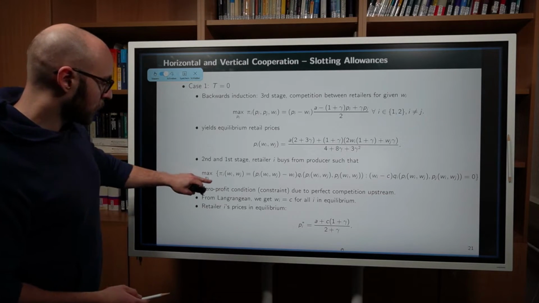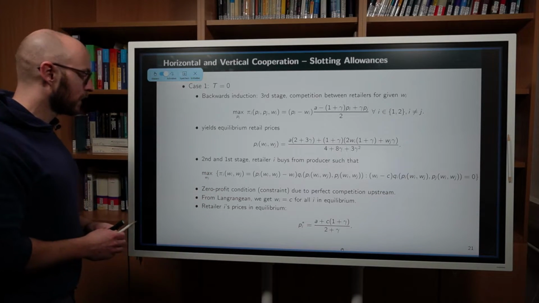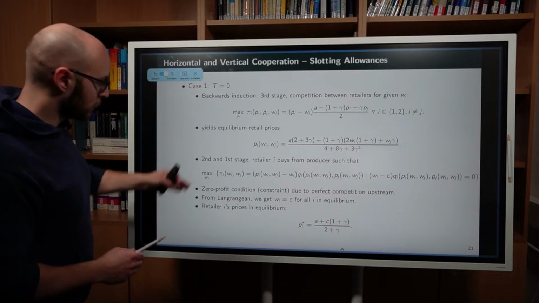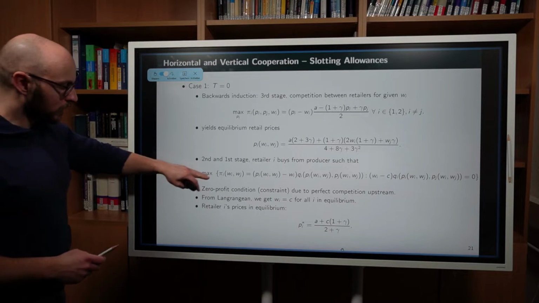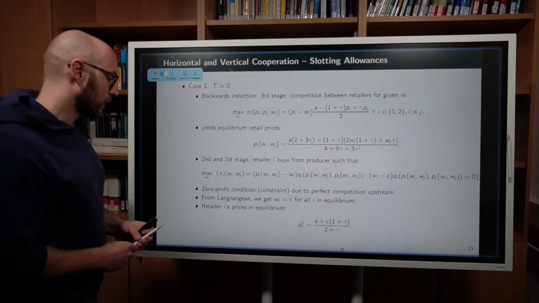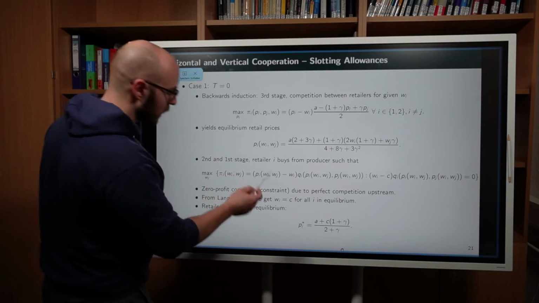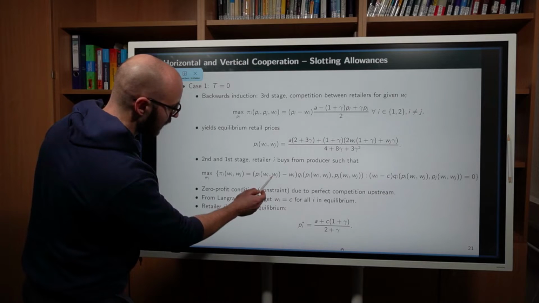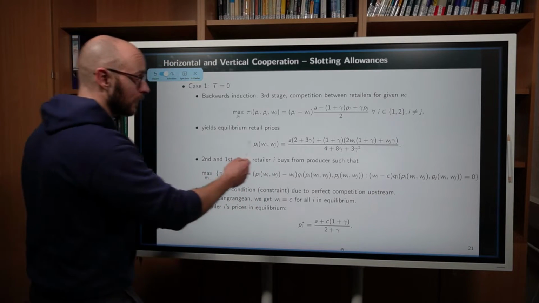Well, it maximizes with respect to Wi, so it searches for the cheapest contract. It maximizes its profits over the wholesale price, so it will basically be interested in the lowest wholesale price, and it realizes that the price is a function of Wi and Wj in equilibrium, anticipating the third stage.